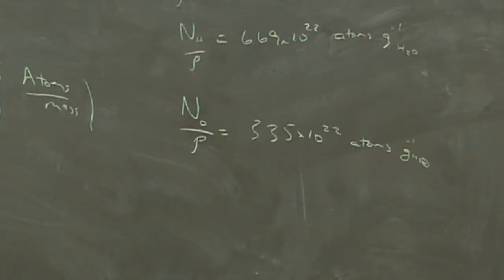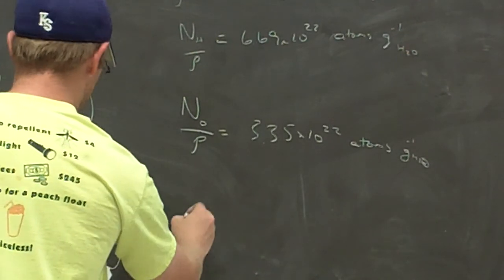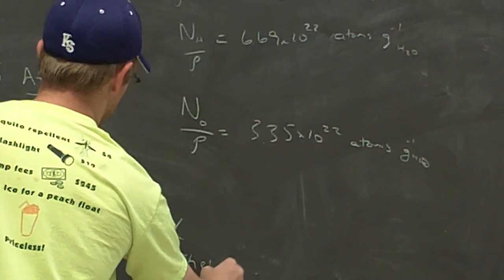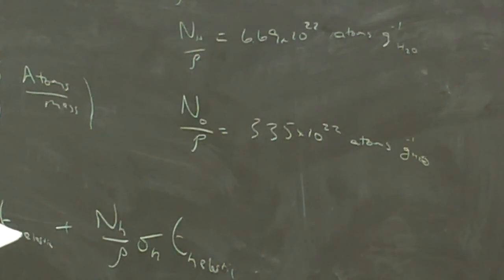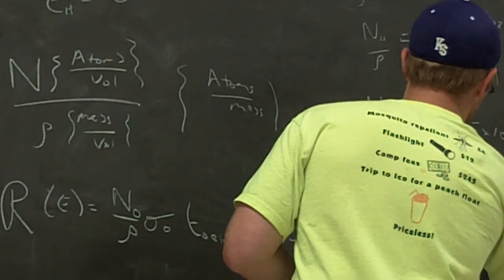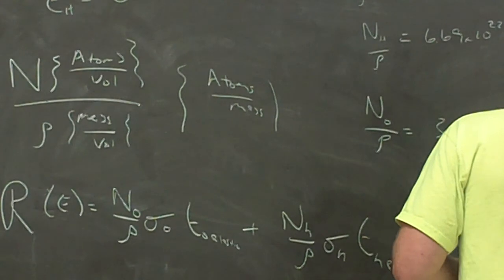It's going to be NO over rho times sigma O times epsilon O elastic, plus NH over rho sigma H epsilon H elastic, equals 7.07 times 10 to the negative 12 grays per centimeter squared.